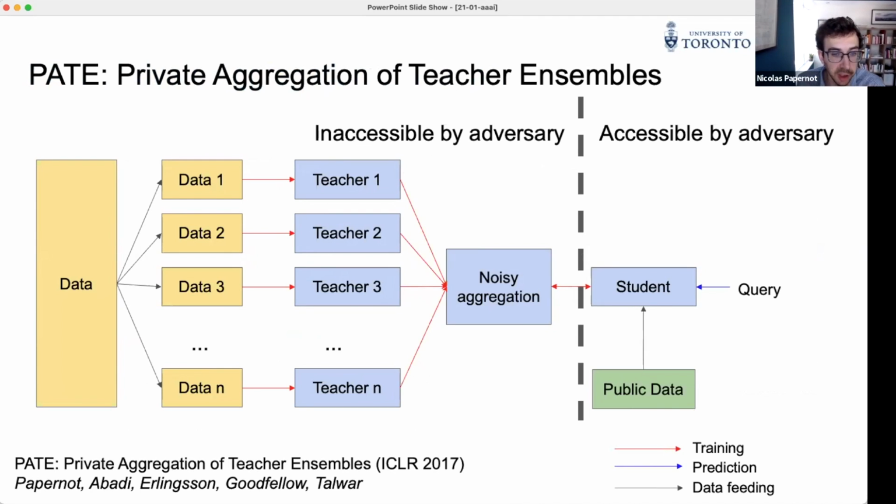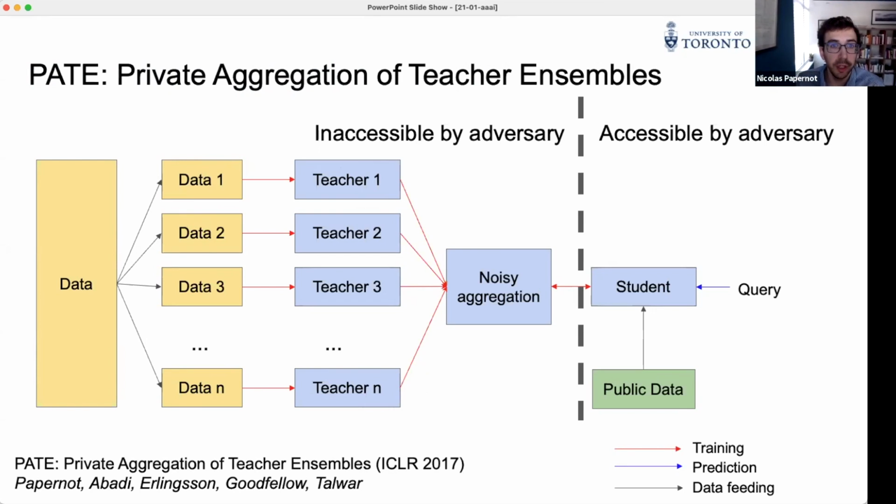I've told you that we can train all of these teachers on subsets of a large data set, but in some settings there might actually be different data sets that are already partitioned and hosted by different parties. Each of these parties is going to have their own machine learning model that they've trained on their own local data set.